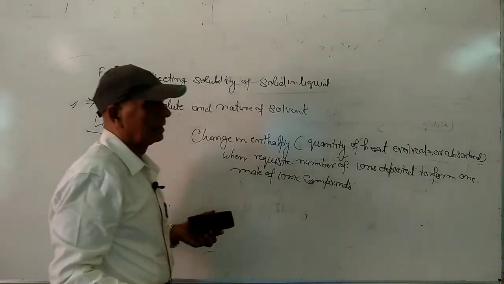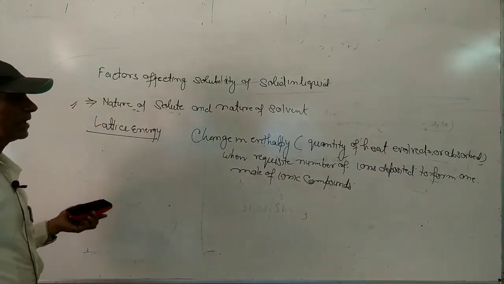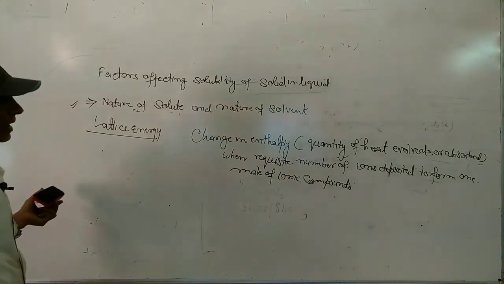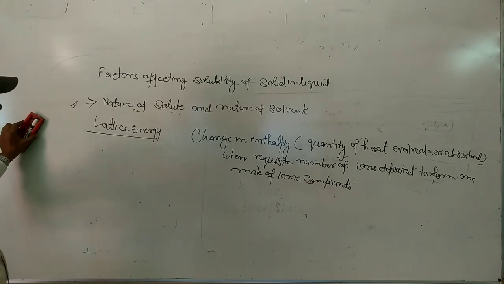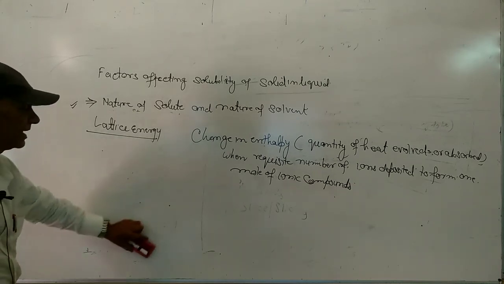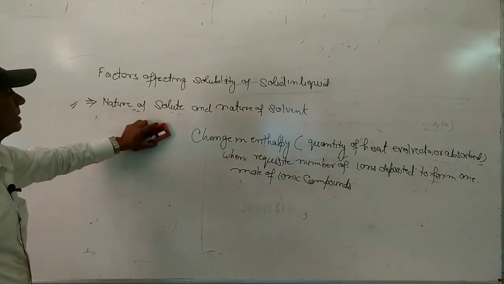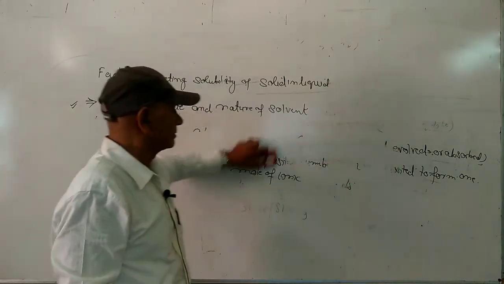So as it is clear, ionic compounds are highly soluble in water because water is polar, whereas ionic compounds are insoluble in organic solvents, meaning non-polar solvents like benzene, ether, etc., because these are not polar.